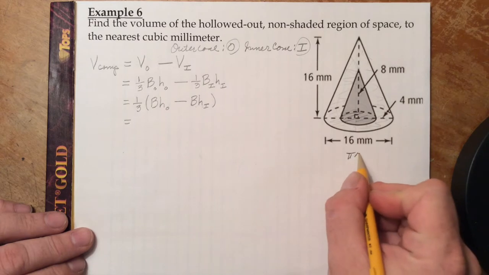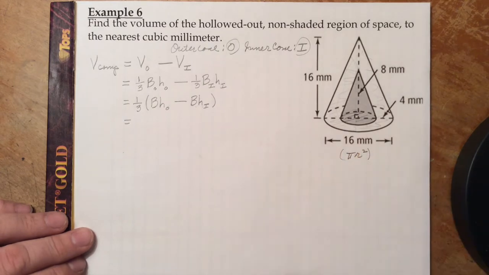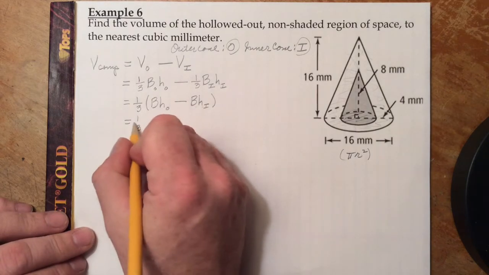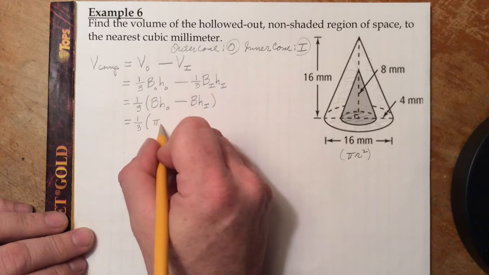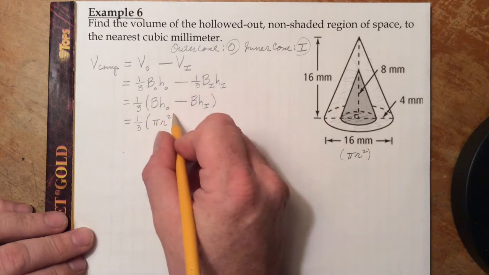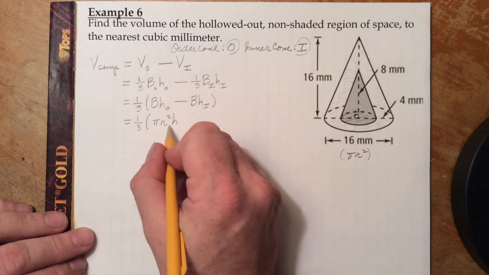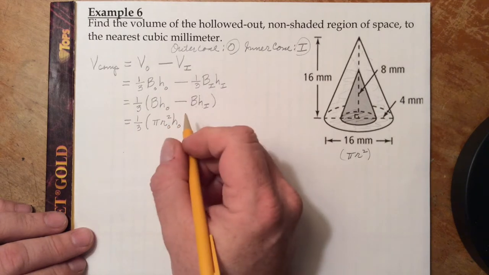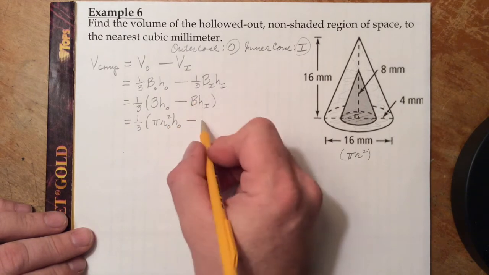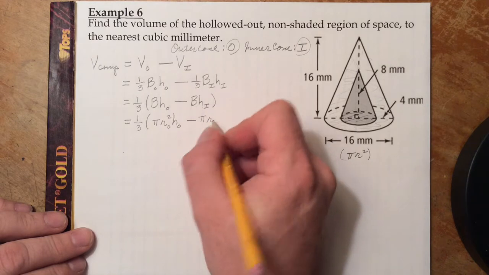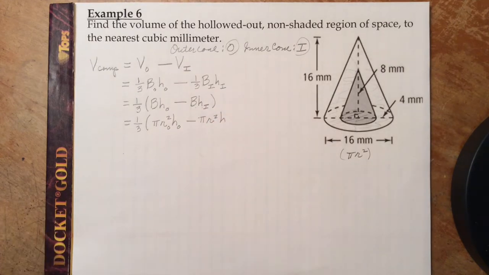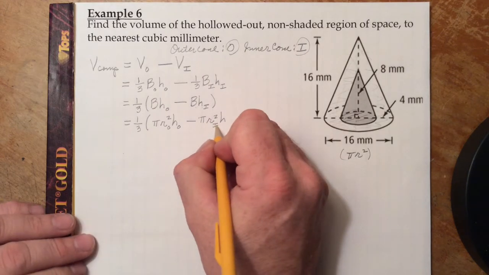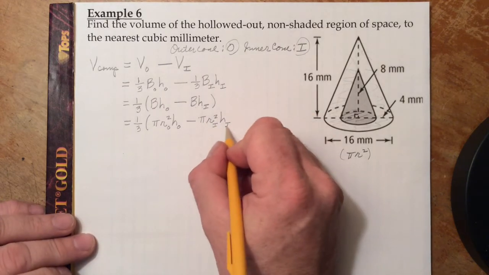So pi r squared, of course, is our general base area formula. So we have 1/3 times big B is pi r squared H, and these are sub O's here, minus big B, which is pi r squared, and then times the height of the cone. Both of these are the inner cones.